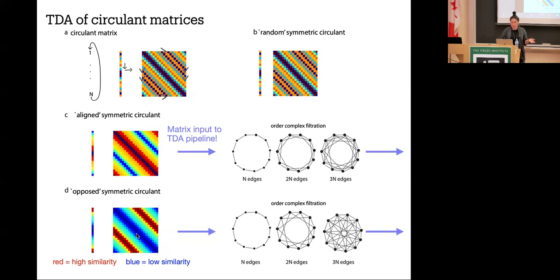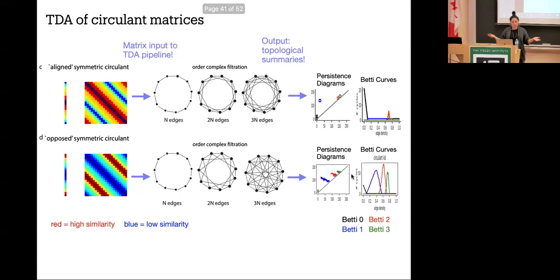In the opposed circulant structure, my most similar things are the things antipodal to me in the indexing structure of the circulant matrix. So those are 2 different ways of making these symmetric circulant matrices. Stick them into the TDA clique topology pipeline, build our filtrations. Let's see what we get out.